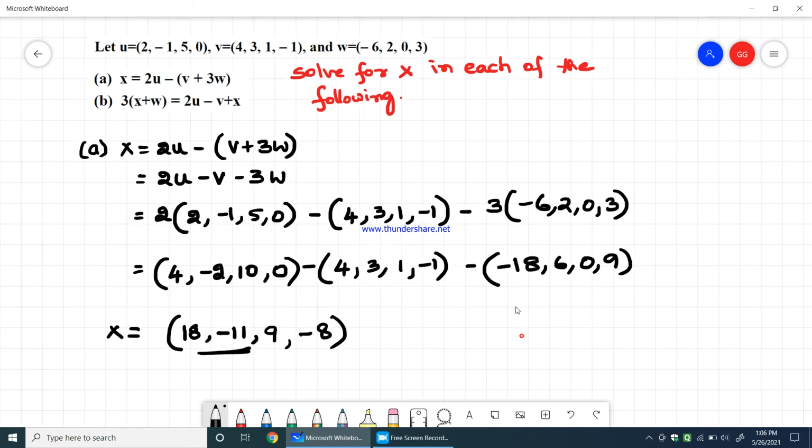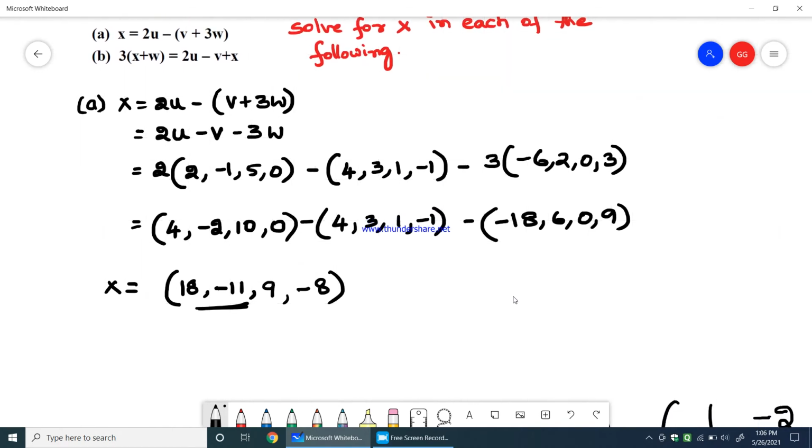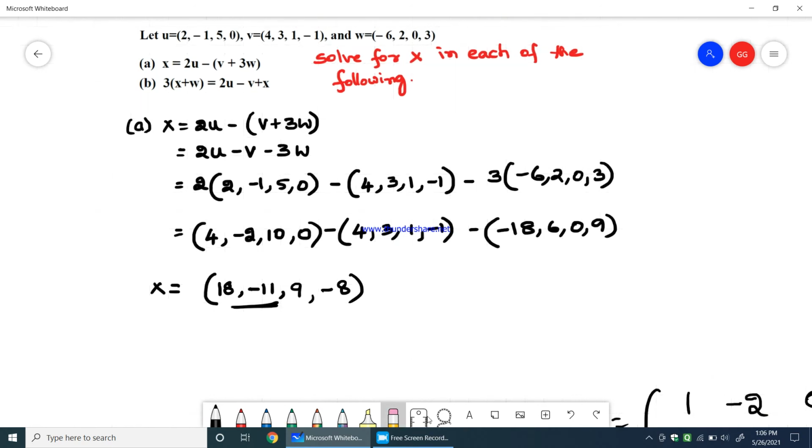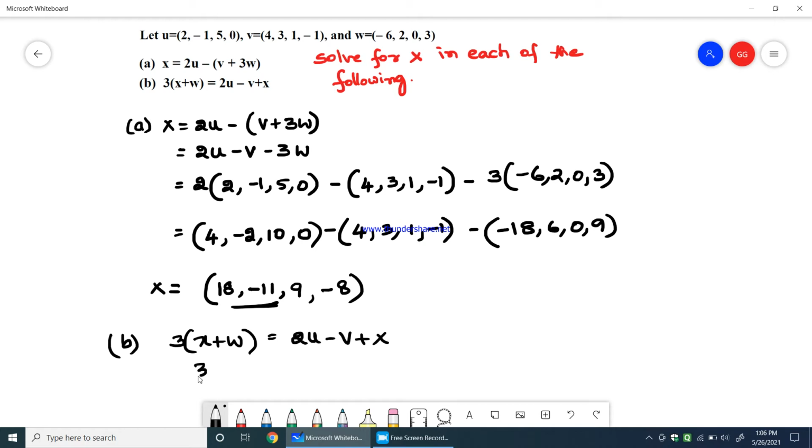Now coming to B. B says 3 into x plus w equals 2u minus v plus x. So I'll say it is 3x plus 3w equals 2u minus v plus x.